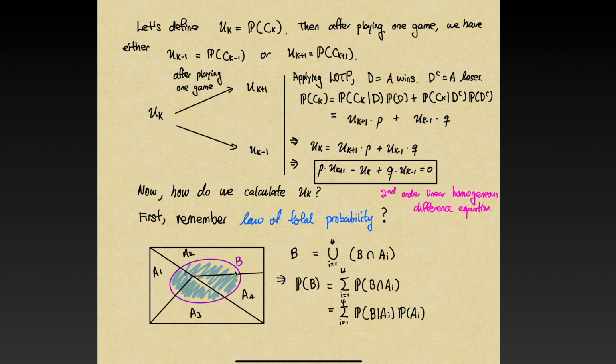We want to find the probability of B happening, and B itself is just equal to the union of all these 4 intersections here, and each intersection is given by B intersect A1, this one will be B intersect A3, and so on.